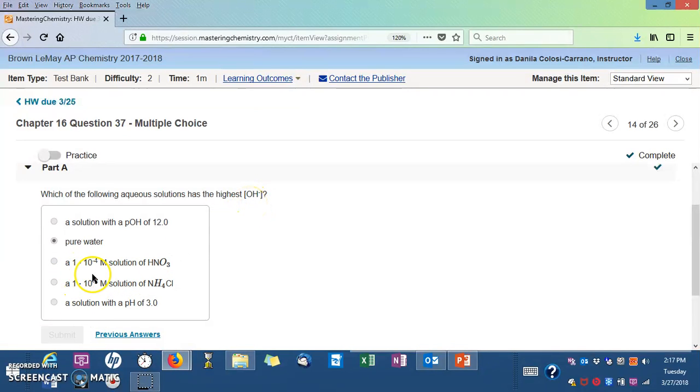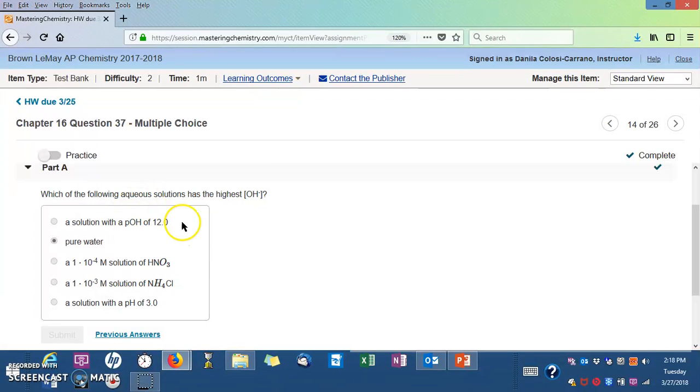Now, if you have, for example, a 10 to the negative 4 molar solution of HNO3, you know that this is acid, right? This one has a pH about 4. This one has a pH about 3, right? Because both of those are acid. So those are about the pHs that you're going to receive. This one tells you directly this is pH of 3. So pure water instead has pH of 7. Right?